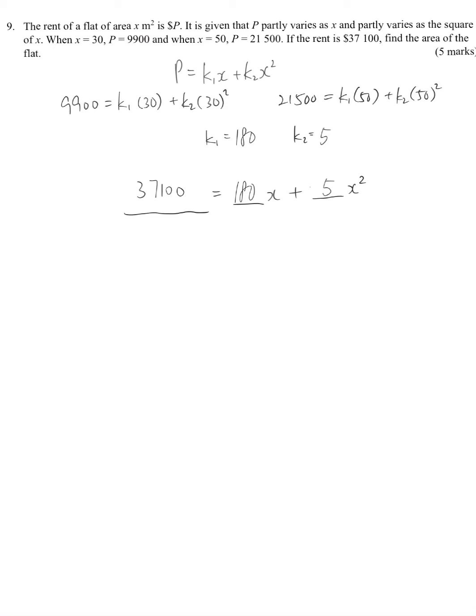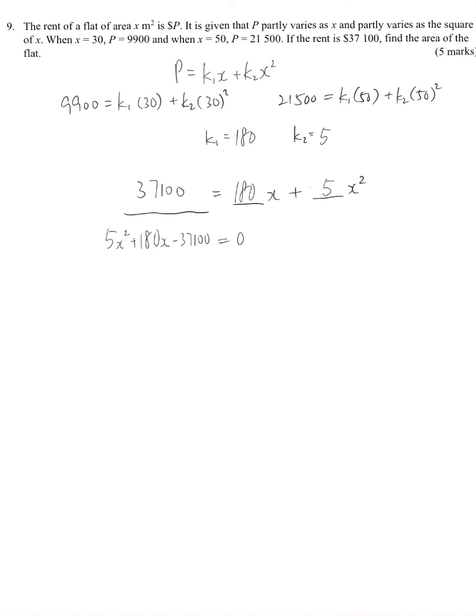Using your program 1, you found that k1 is 180 and k2 is 5, and then you should be able to realize that actually this is a quadratic equation which you have to solve, which is 5x squared plus 180x, and then subtracting the 37100 over to make it 0, and then you can pick up your calculator again and use formula 1.